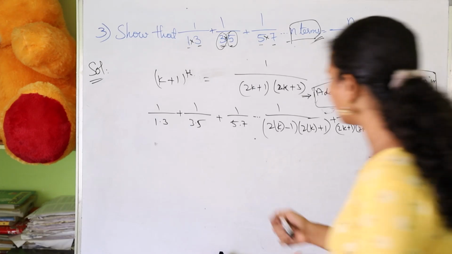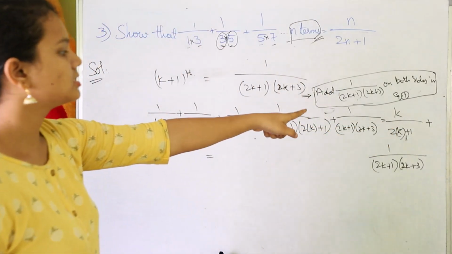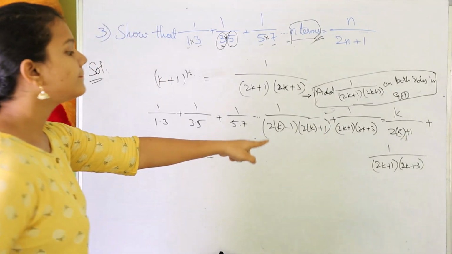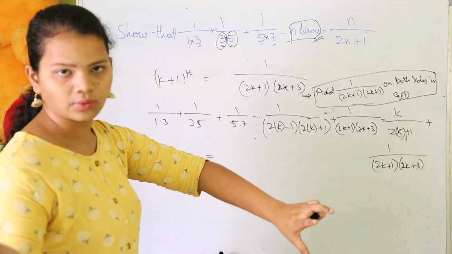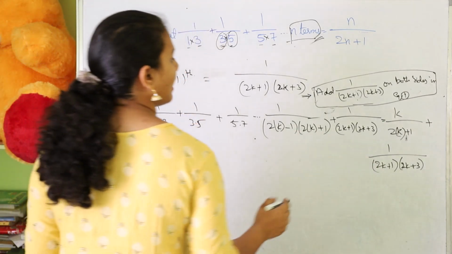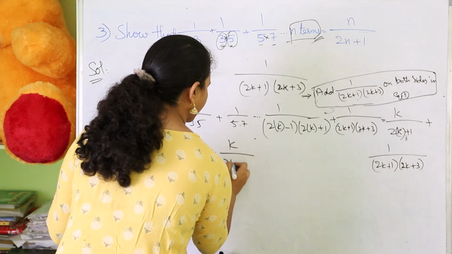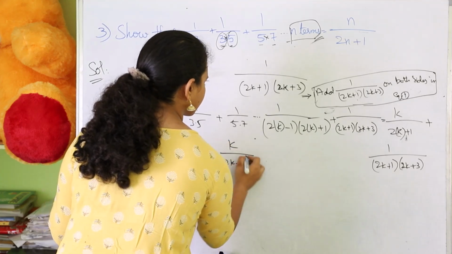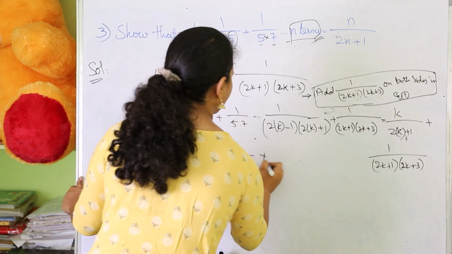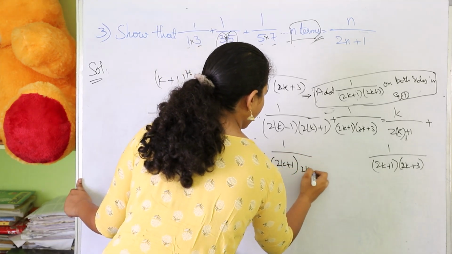So the RHS side that we got is k by 2k plus 1 plus 1 by 2k plus 1 into 2k plus 3.